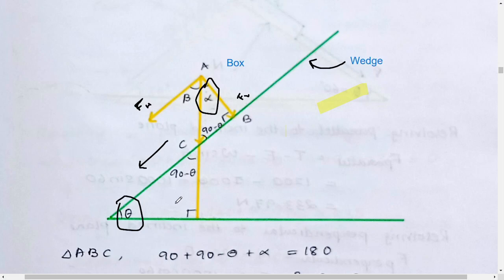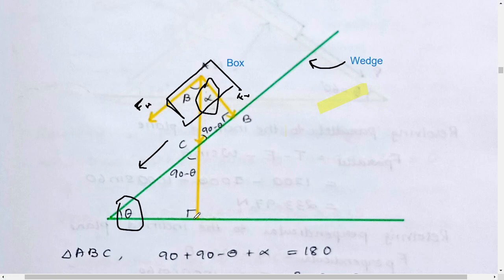So let us consider, if this is a body, if it is a box like this, and it is sliding, and this wedge is nearby, then we'll be having two triangles, with a theta angle here.